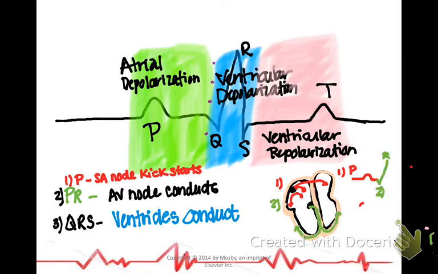And then number 2, you got your P to R, which is your AV node. And then your ventricle goes down into the bundle of His and the Purkinje fibers, and you get your QRS, or your spike there.